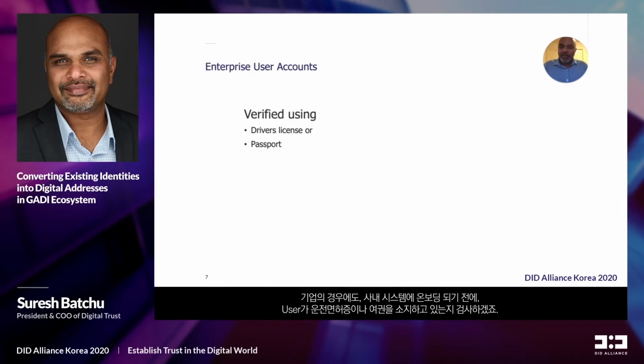Let's take an example of an enterprise. Before they onboard you into the enterprise systems, they check whether the user has a proper driver's license or a passport. One of those two documents will be used to verify who they say they are, and then get this user onto the system.